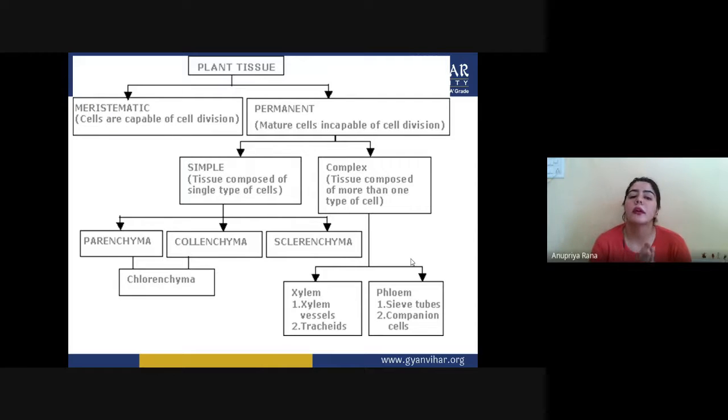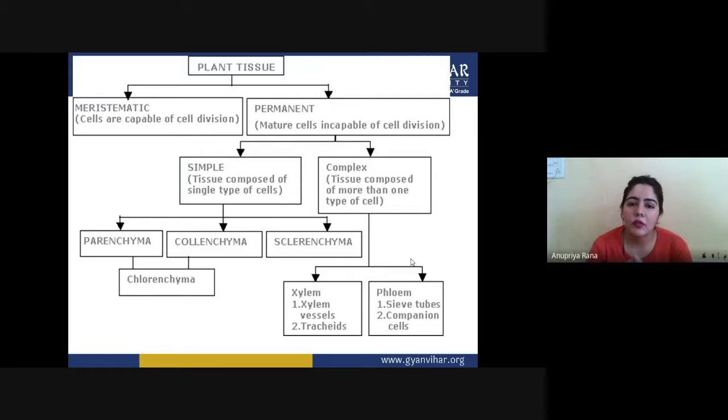On the other hand, there is permanent tissue. They are mature cells and incapable of division. They are not present for just a very short time period. Basically, on the contrary, they are cells which have a long life inside the plant body, and they are also mature cells.